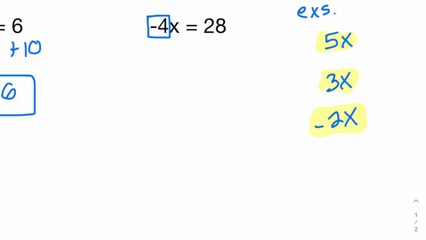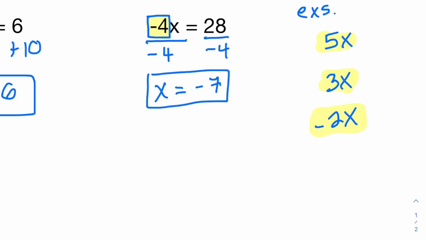It's a negative 2 times x in that case. And for our example here, with negative 4x, this negative 4 is being multiplied times x. So to solve, we would have to divide by negative 4 on both sides. And we would be left with x equals negative 7.